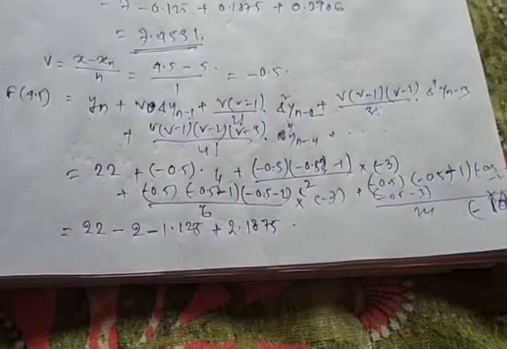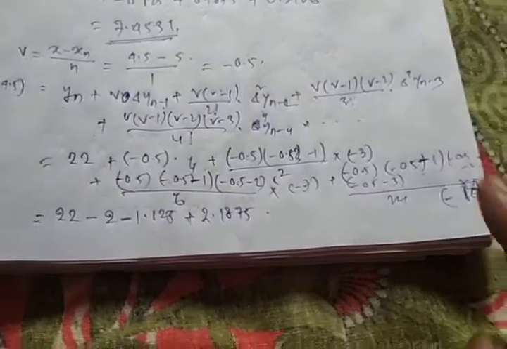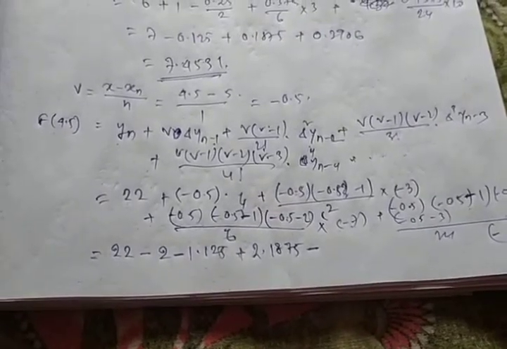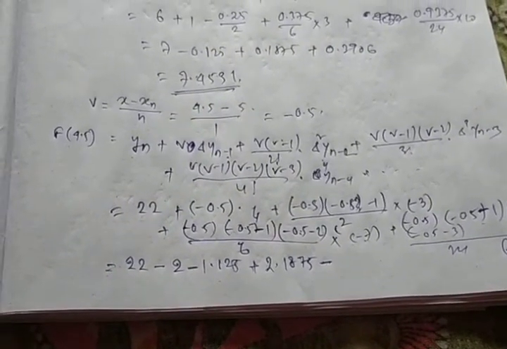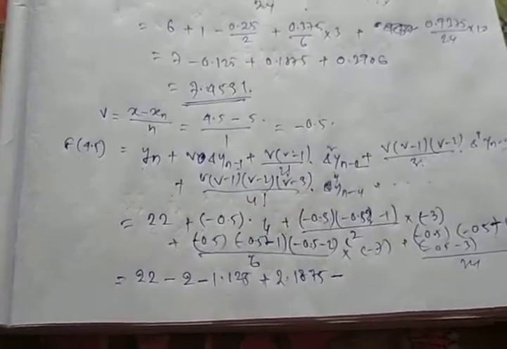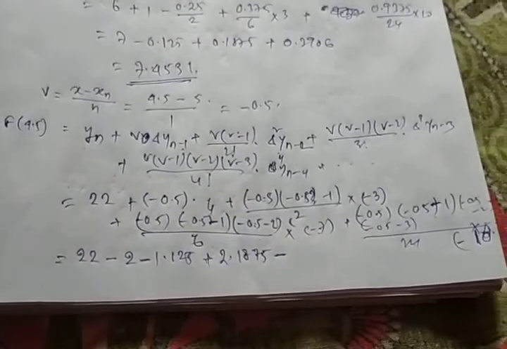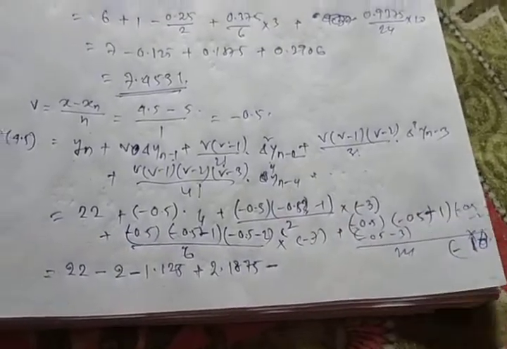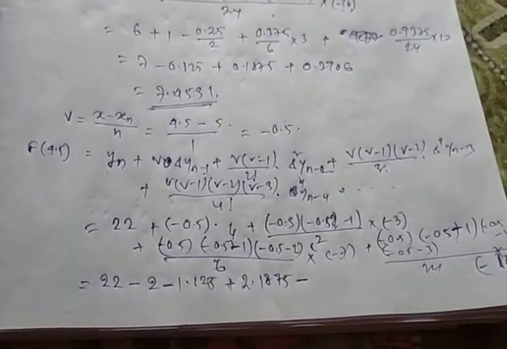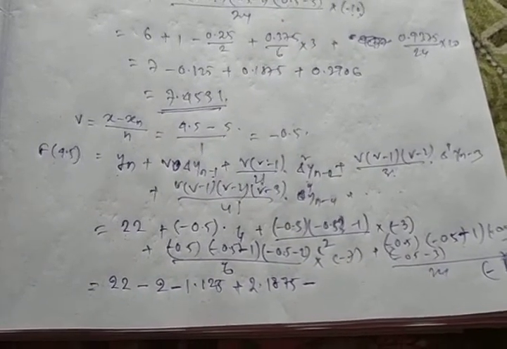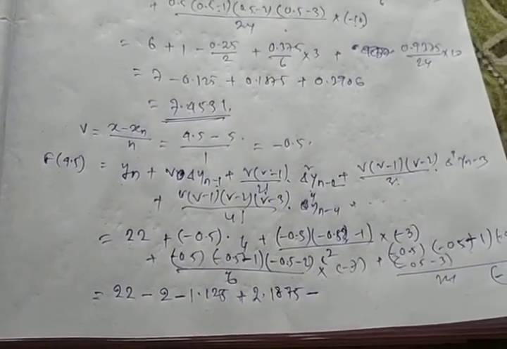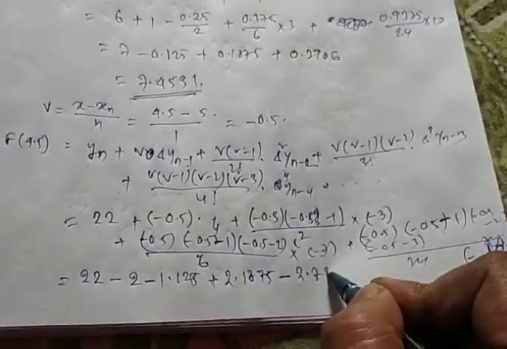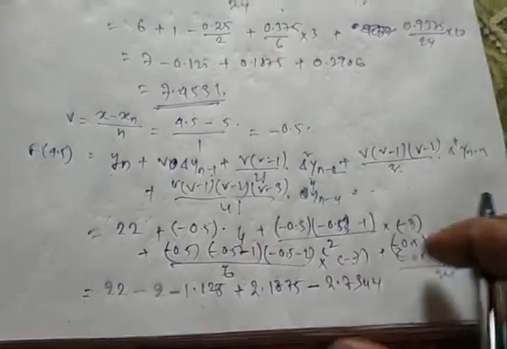So 0.5 into, and total five minuses, so this will be minus 0.5 into 1.5 into 2.5 into 3.5 into 4.5, divided by 24 into 10, which will be 2.7344.